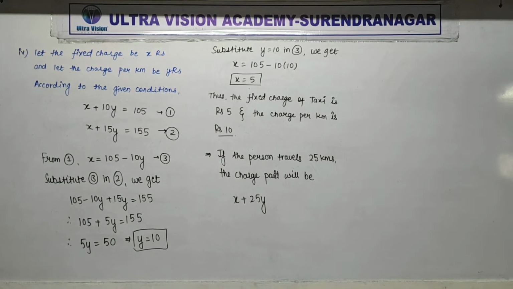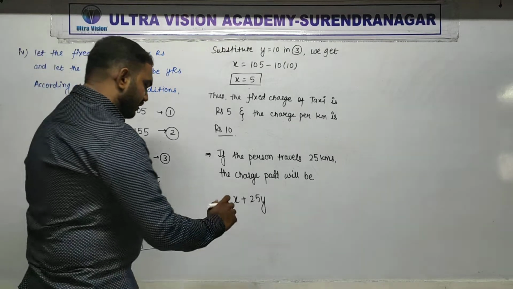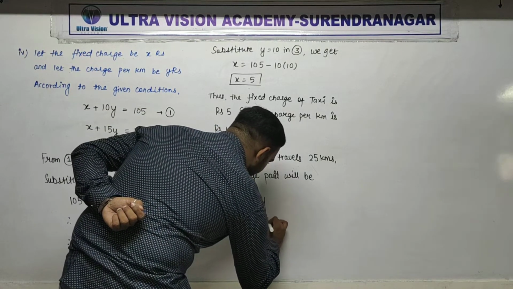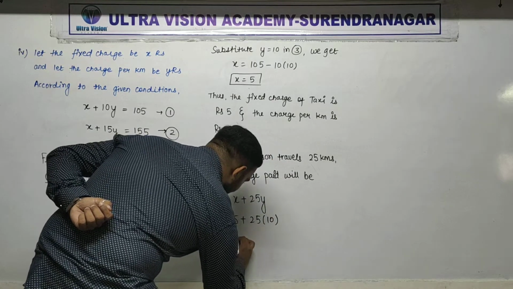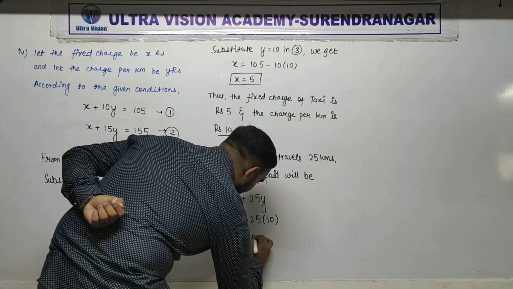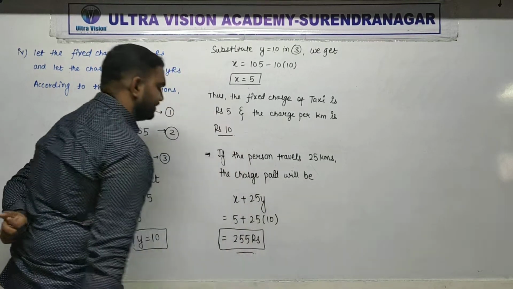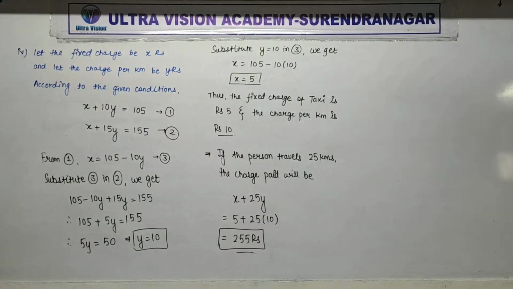Put down the values of x and y here. That equals 5 plus 25 multiplied by 10, which equals 255 rupees. This is the answer. Ready?